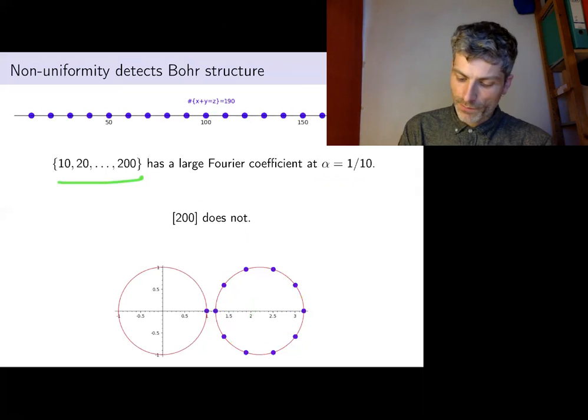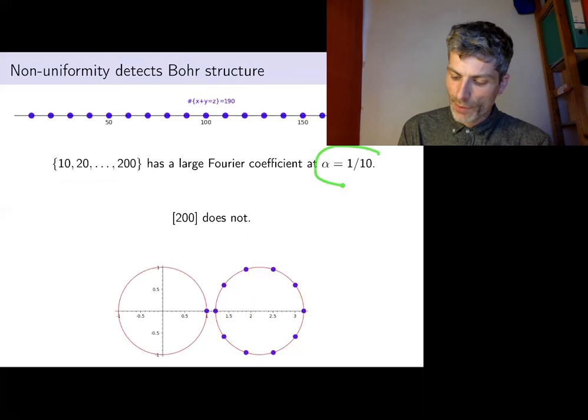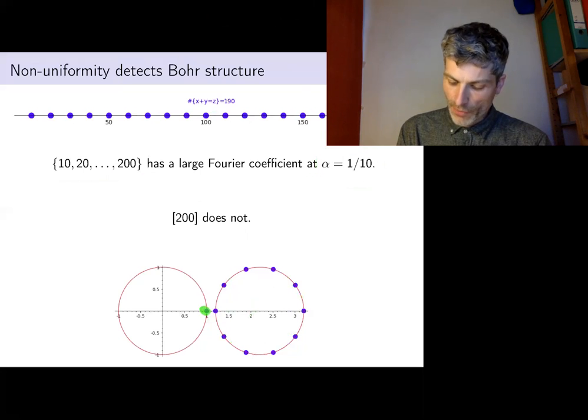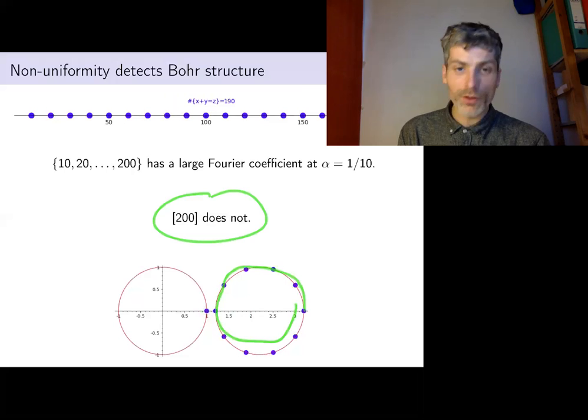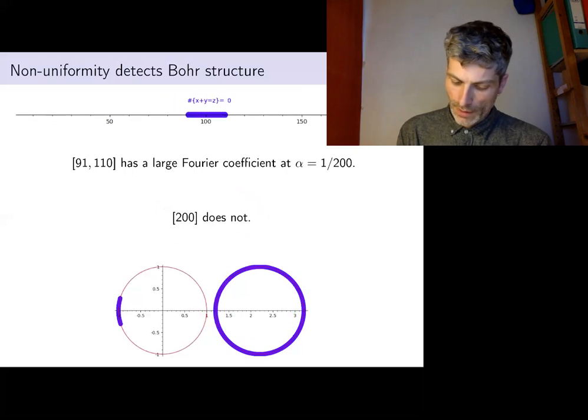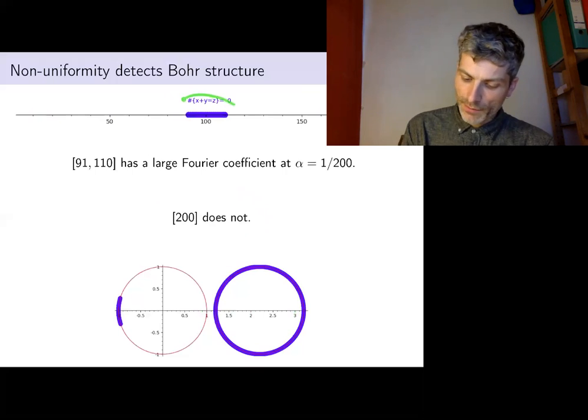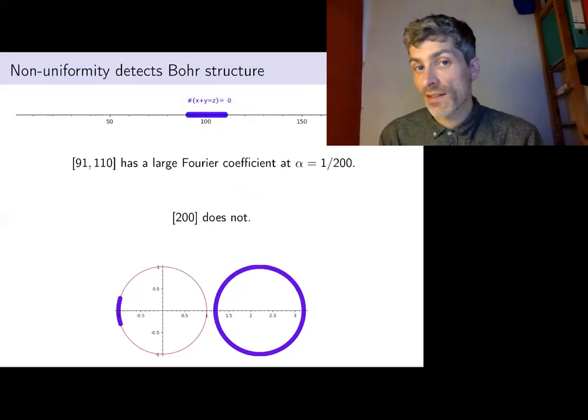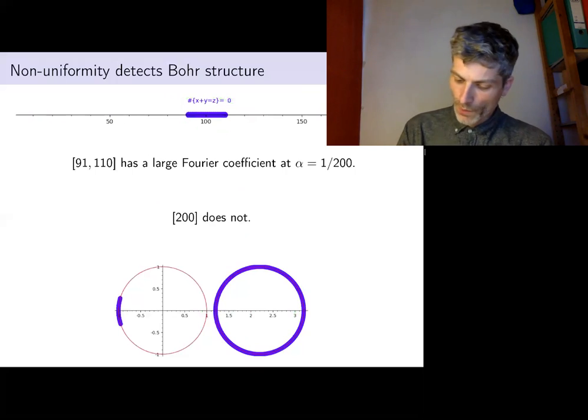The progression has a large Fourier coefficient at the frequency 1 over 10. At the frequency 1 over 10, our progression concentrates in this congruence class, this point, whereas the interval spreads around all the possible congruence classes mod 10. And the middle interval, again, which didn't satisfy the naive heuristic, its Fourier transform is very large at 1 over 200.